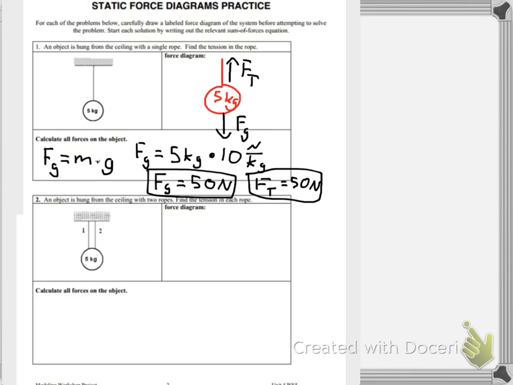So moving along to number 2, an object is hung from the ceiling with 2 ropes. So find the tension in each rope. So again, we'll start with our force diagram here. Draw the 2 strings with the 5 kilogram mass hanging from it. We have rope 1, we have rope 2.